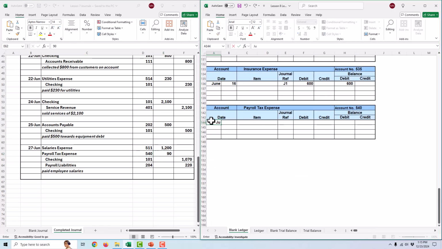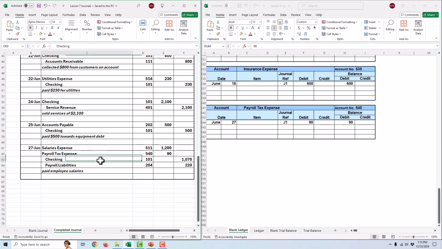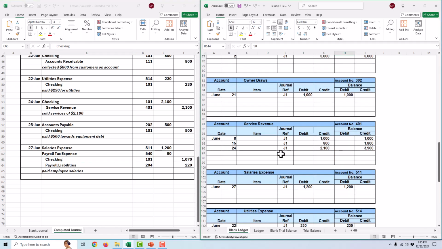That would go down here. And again, it was just a single entry. There were no prior balances, so I just put the 90 in the debit transaction column, and then it was also the balance. And then there was a credit checking of $1,070.